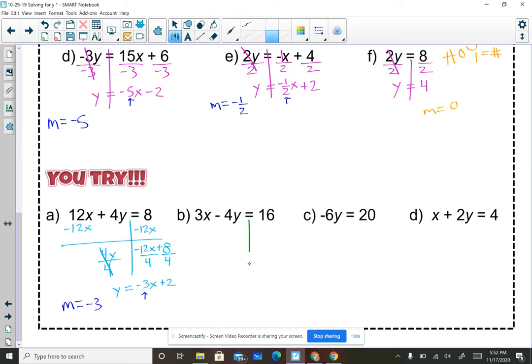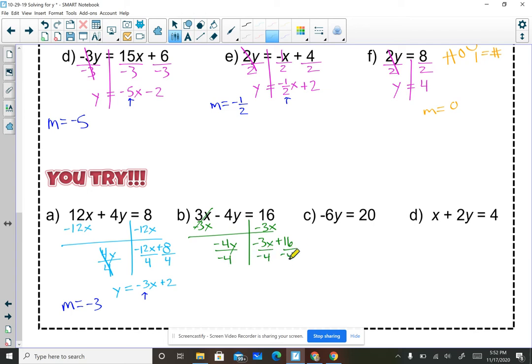Okay, let's do the next one. So again, our first step is, if I want my y term alone, undo the x term, subtract it. So we're going to subtract the 3x. We're left with negative 4y. Don't forget the negative. Mx plus b. So negative 3x plus 16. My next step is going to be to divide by negative 4 because I need my y alone.